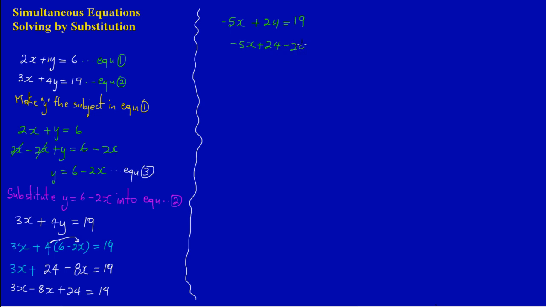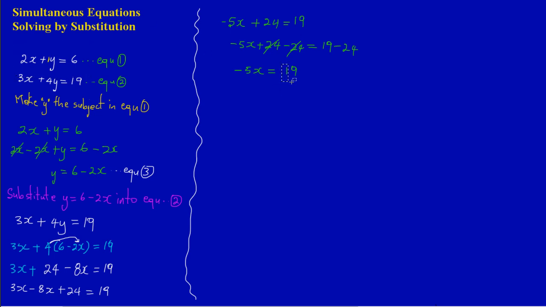Now I have 24 minus 24, and that is equal to 19 minus 24. A positive 24 will cancel out with a negative 24, and I'll be left with a negative 5x is equal to 19 minus 24, and we can just calculate that.